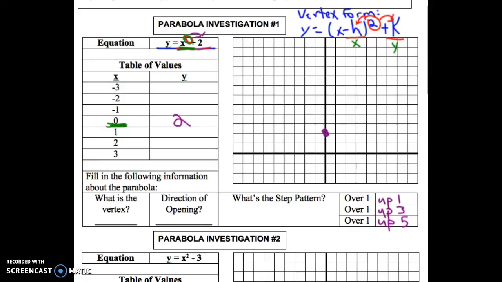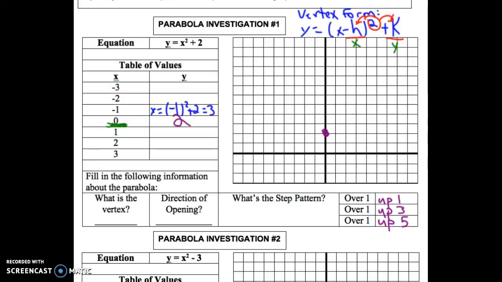If I put negative 1 into my function up here, let me erase now all the beautiful colors I drew. If I put negative 1 in there, I get y equals negative 1 squared plus 2. If you put it in parentheses, you can put that exactly like that in your calculator. Negative 1 squared is 1, plus 2 is 3.